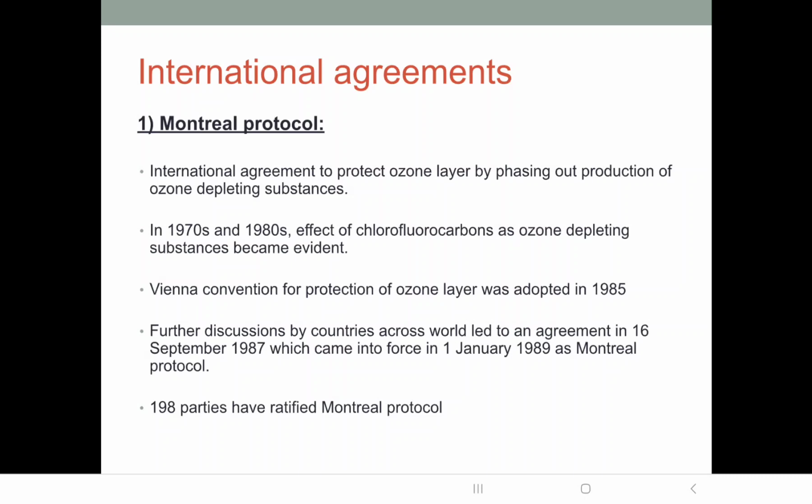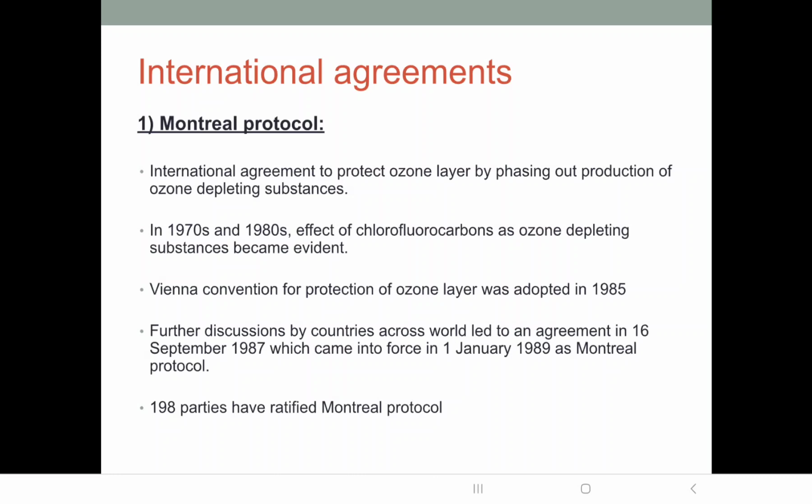But in the 1970s and 80s, the effect of chlorofluorocarbons as ozone depleting substances became evident. This was because discoveries were made highlighting the adverse effects of chlorofluorocarbons on the ozone levels in the stratosphere. And the ozone hole over Antarctica was also discovered.